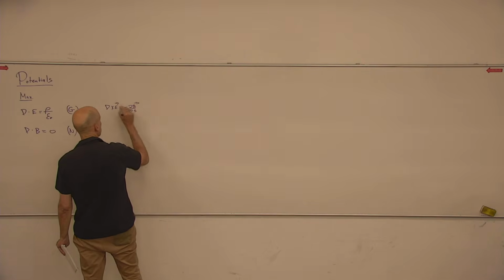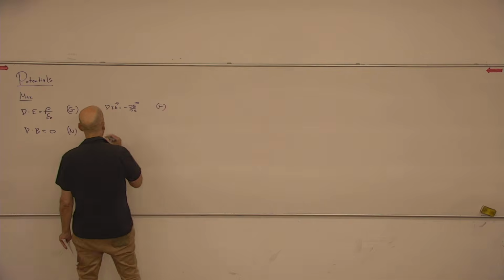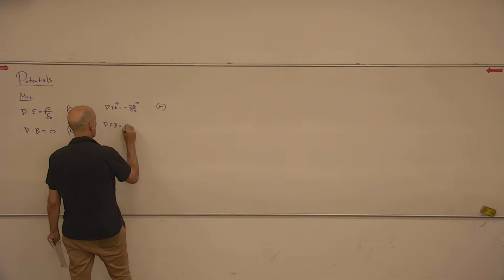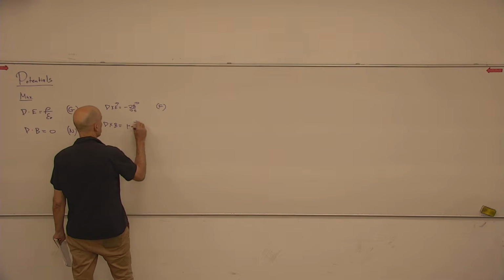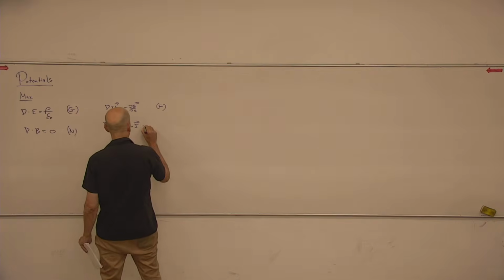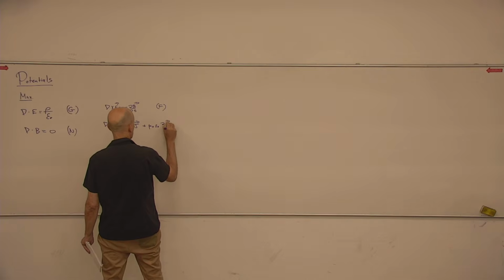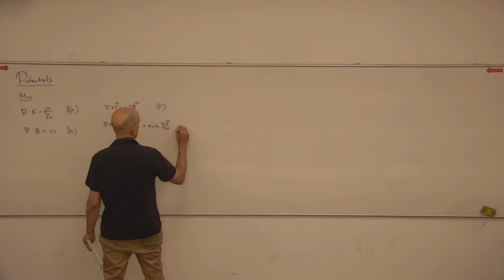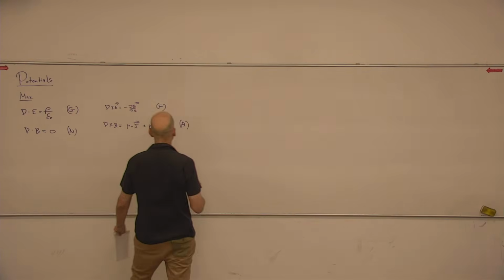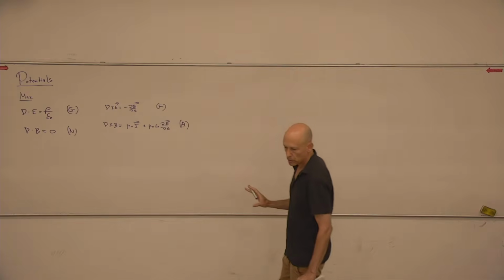This is of course Faraday. And then we have curl B equals mu_0 J, which would be Biot-Savart essentially, plus mu_0 epsilon_0 dE/dt, and this is the correction due to Maxwell, but I'll still call it Ampere because we call them all together Maxwell. So these are the four equations.